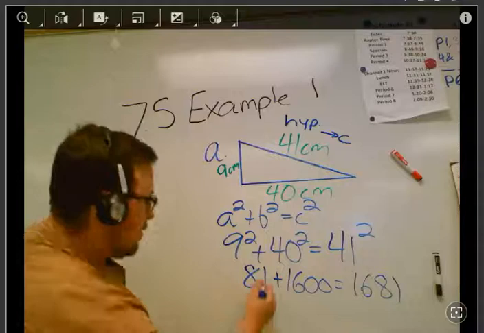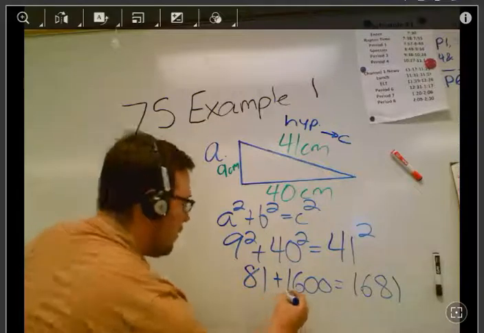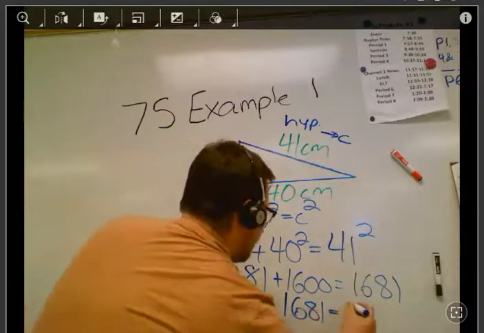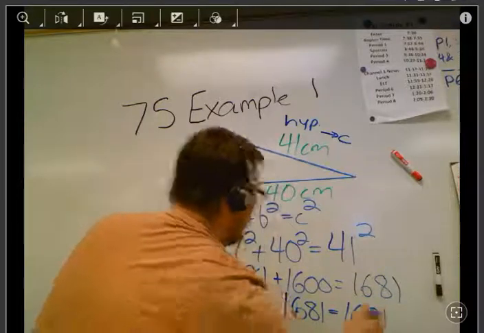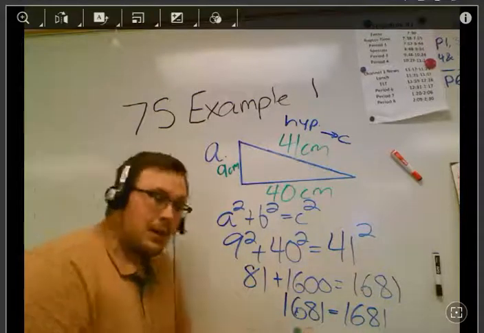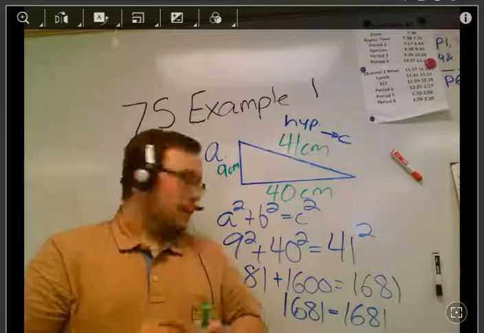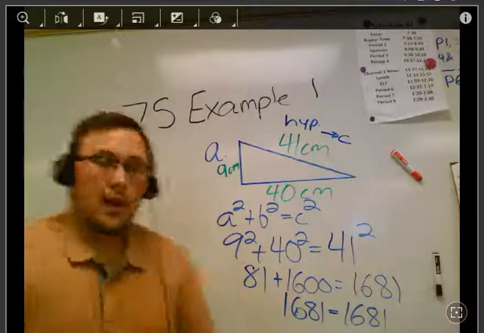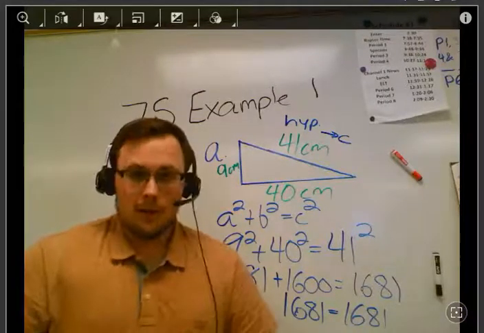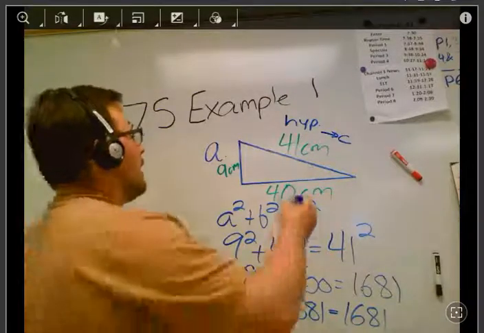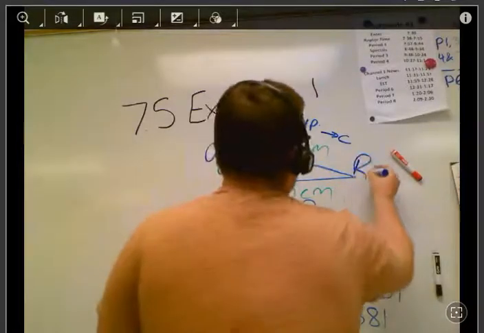So 1600 plus 81 is 1681. And does that actually equal 1681? You got to make sure both sides are equal. And if both sides equal each other, then that means the triangle we have there is a right triangle. Okay, so they equal each other. That means that example A here is a right triangle.